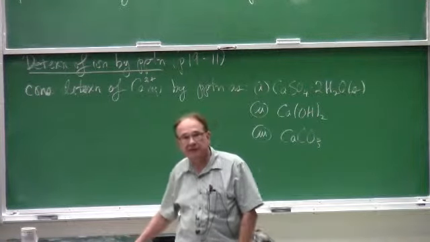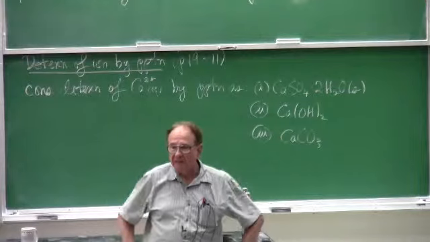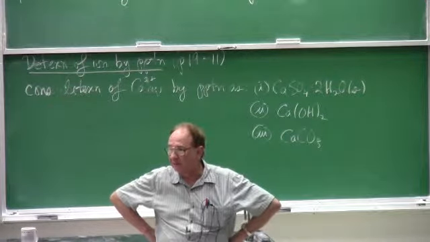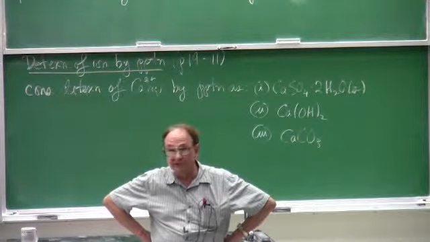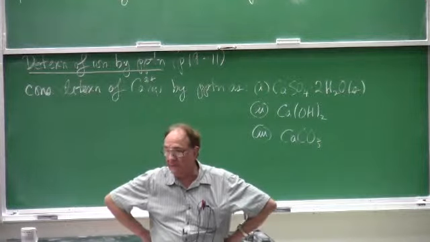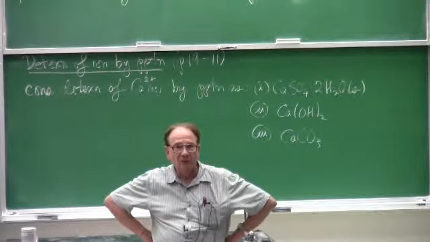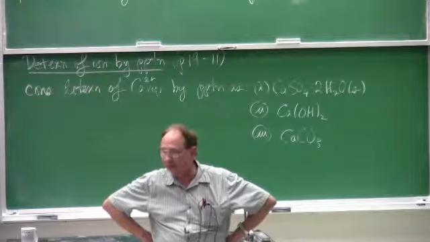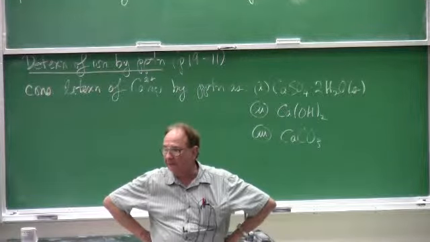Very few anions will precipitate potassium ion, ammonium ion. Very few anions will precipitate sodium ion. One such is uranyl acetate anion.